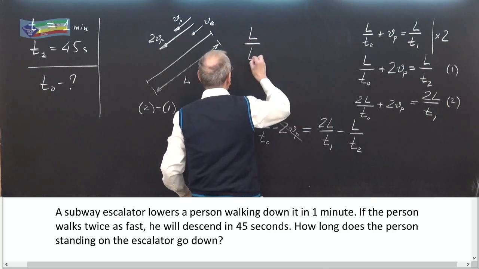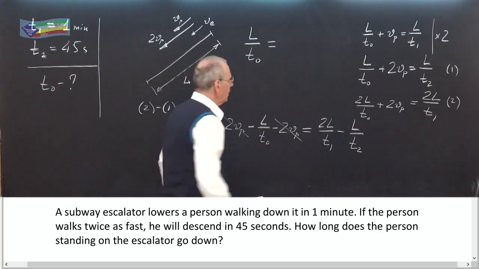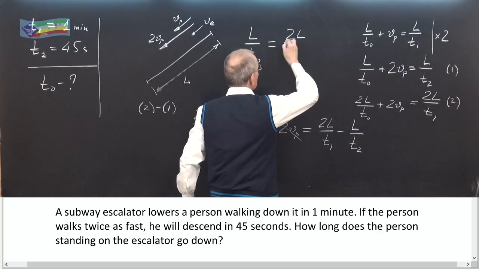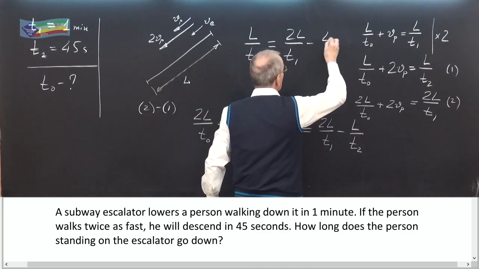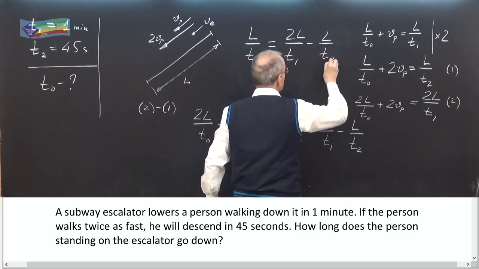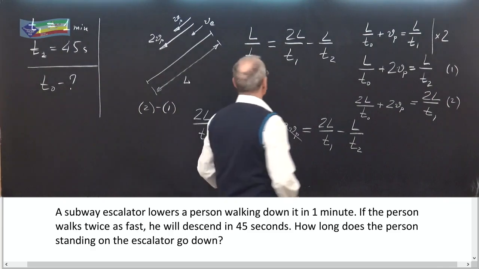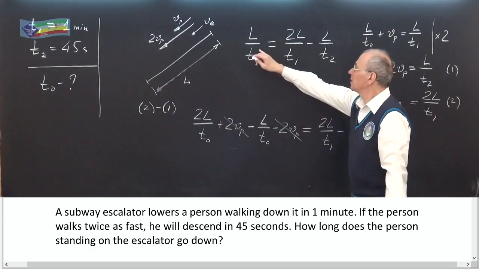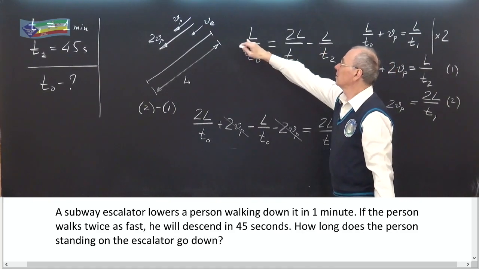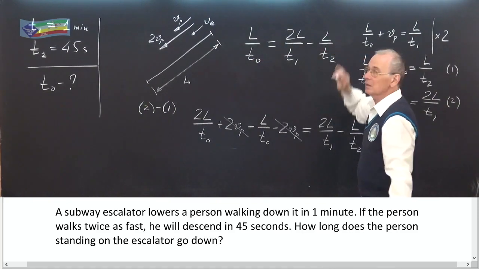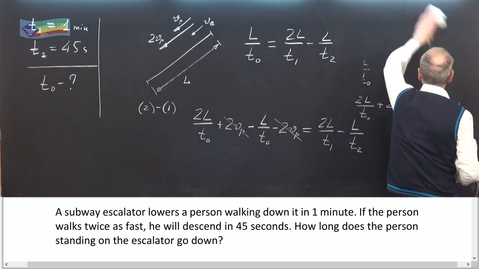L over T0. In the right part, 2L over T1 minus L over T2. And at last, we can see that every term of this equation has the common factor L in the numerator.